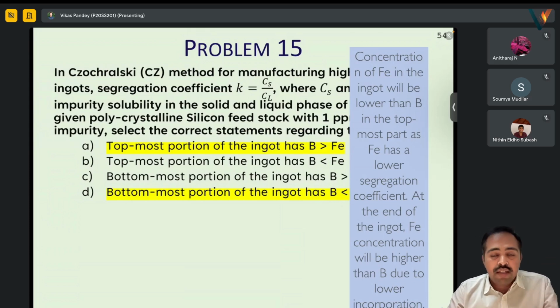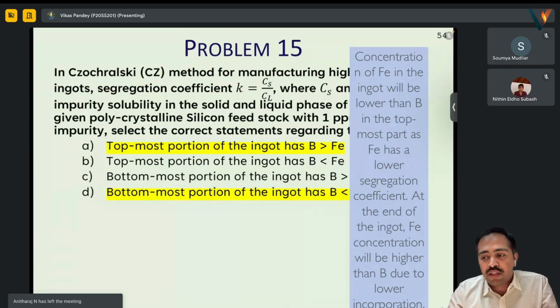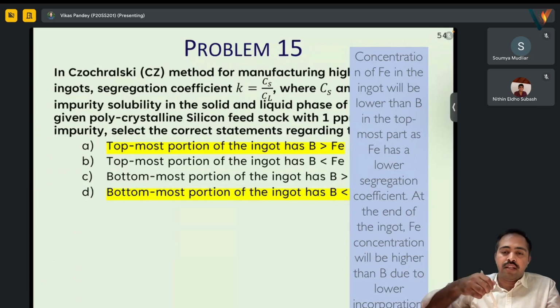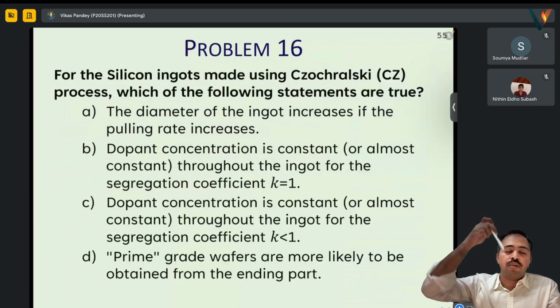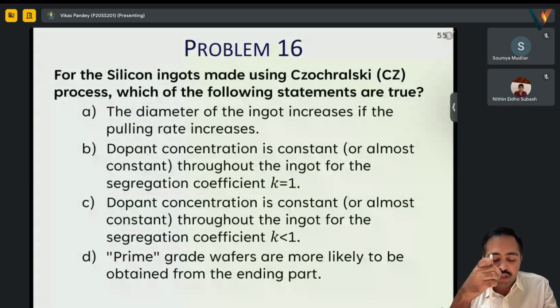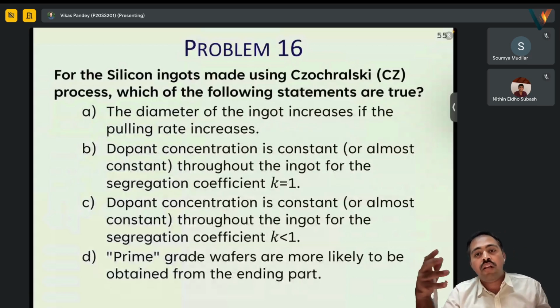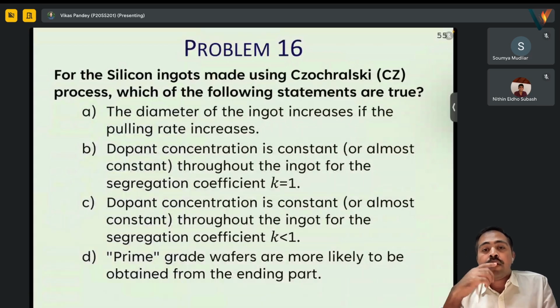For the silicon ingots made using the CZ process, which of the following statements are true? Diameter of the ingot increases if the pulling rate increases. If we are rotating and taking out the ingot, and we are doing it fast, the diameter of the ingot will increase. Dopant concentration is constant or almost constant throughout the ingot for a segregation coefficient of K equals 1.